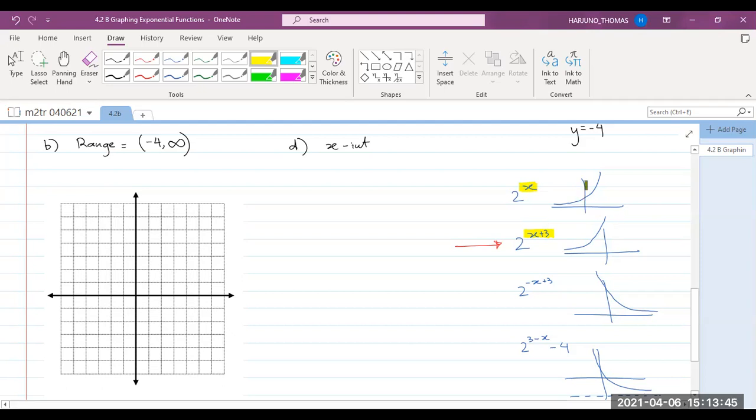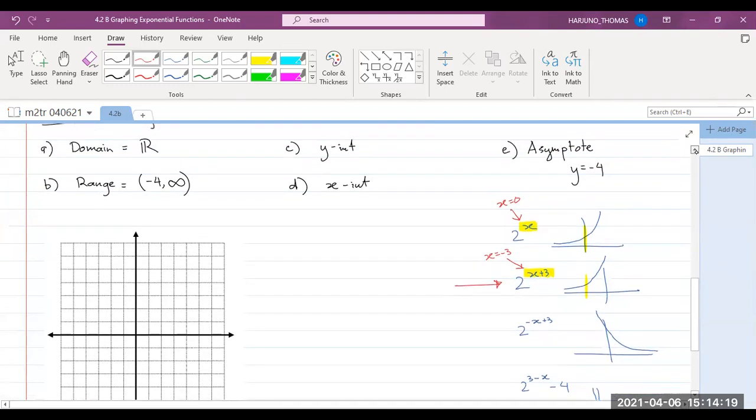So instead of the movie starting at 0, it starts at negative 3. The effect of the graph will be the same. The effect when x equals 0 here, that is 2 to the 0, will be the same as when x equals negative 3 here, which gives you 2 to the 0 also. That's why it becomes a move 3 units to the left.